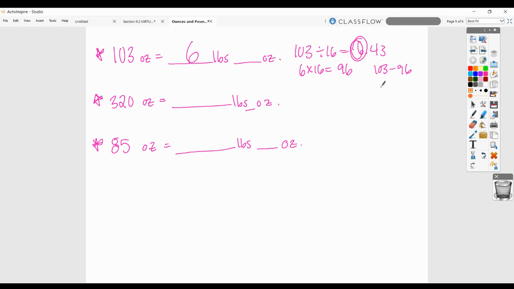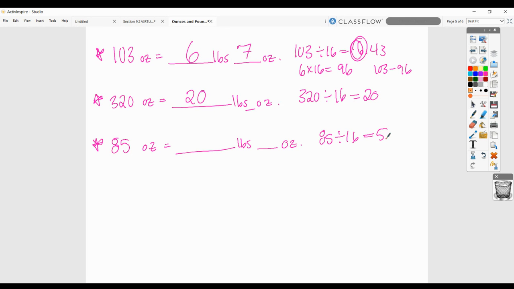When I subtract there, I get 7 little ounces left. 320 divided by 16. Okay, holy cow, that's 20. 20 pounds and nothing left over. It goes in evenly, so there's no ounces left.